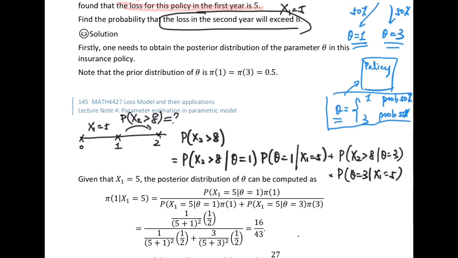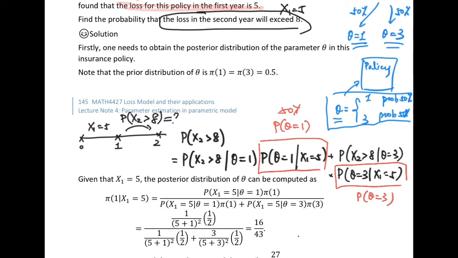Just one thing I want to remind all of you: when you calculate this probability, remember we should use the posterior distribution of theta. Do not use the prior distribution, I mean this 50%, 50%. The reason is that here we do the prediction at time 1, and at that time you have this information.